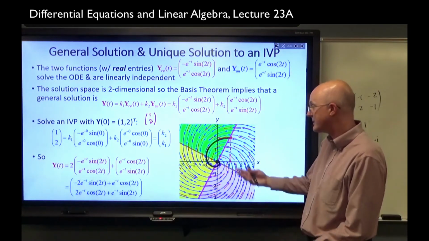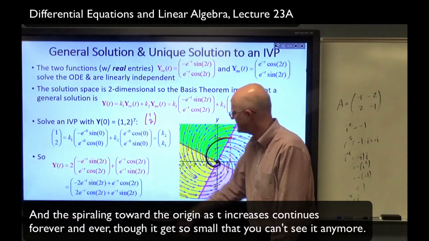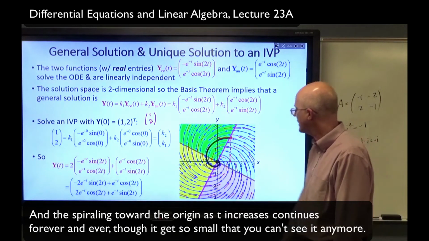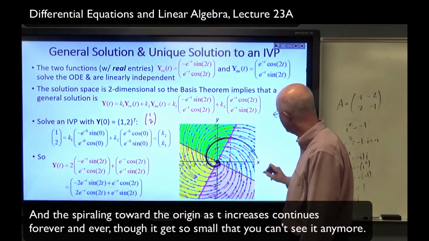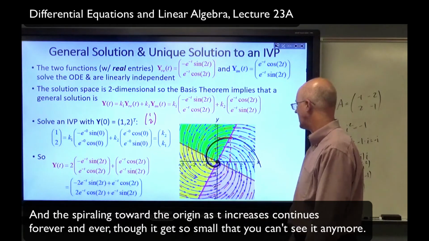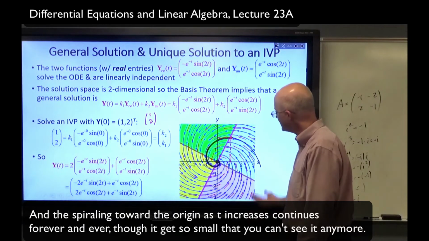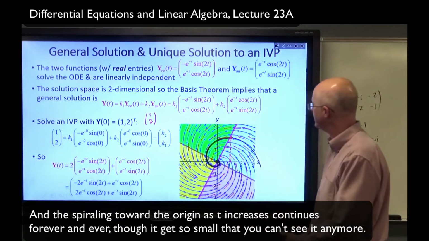It decays toward the origin, which makes sense, in an oscillatory way because of the trig functions and because of the exponential decay of them. You could graph this as t decreases as well, backwards time. It would go off to infinity in backwards time, keep spiraling bigger and bigger. But usually you think about letting time run forward, so we call it a spiral sink going toward the origin.